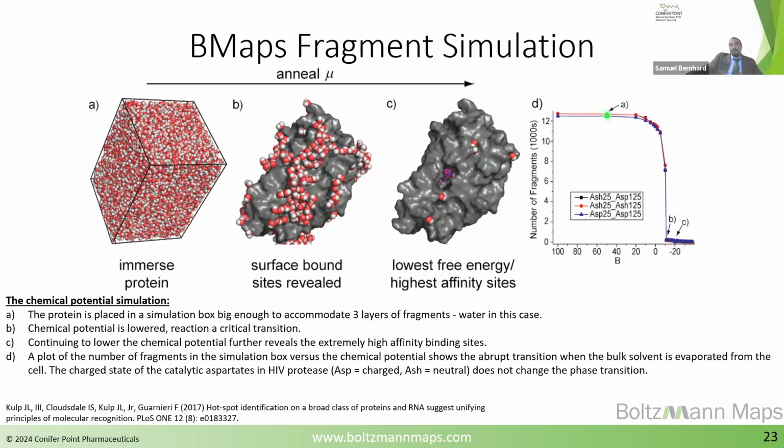So this plot is of the number of fragments versus the chemical potential, and it shows the abrupt transition when the bulk solvent is evaporated out of the site. So the fragments that result from this simulation and their positions can then be reviewed to determine if they are suitable for ligand modification.